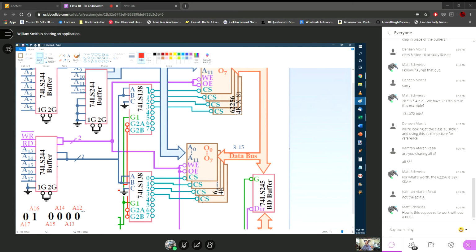So A12 I've just put in here kind of for a bookmark. A12 can change, so that should actually probably be an X. Not bad. Let's leave it like that. I'm doing it on the fly. So actually A12 I've already got used, so I don't necessarily want that to be there.